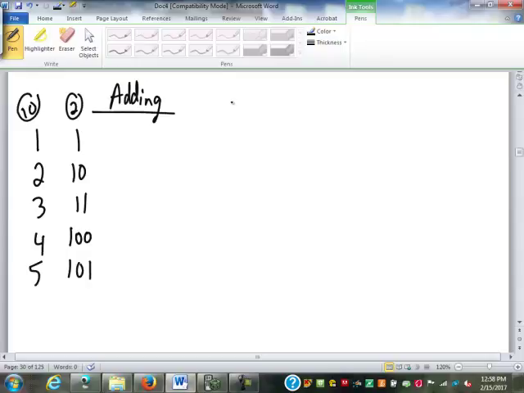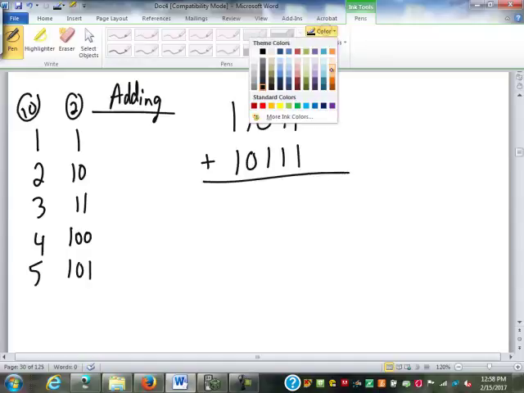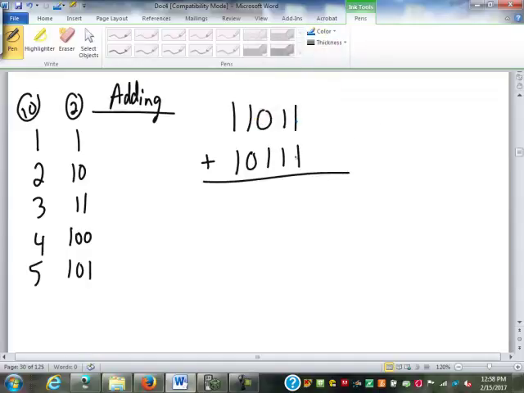So if I simply have 1, 1, 0, 1, 1 plus 1, 0, 1, 1, 1. Well, 1 plus 1 is 2. Remember, 2 is 1, 0.